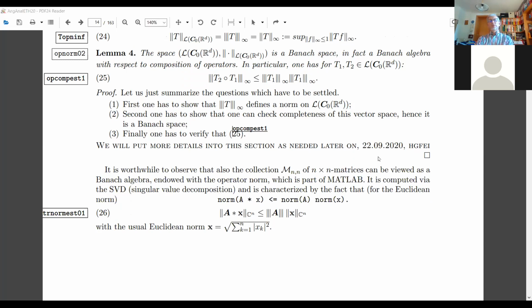So you can play around yourself with MATLAB. If you take the norm of a matrix, you're getting this triple norm that we have here, the best possible constant that allows you to control the size of A times x by the size of the input.